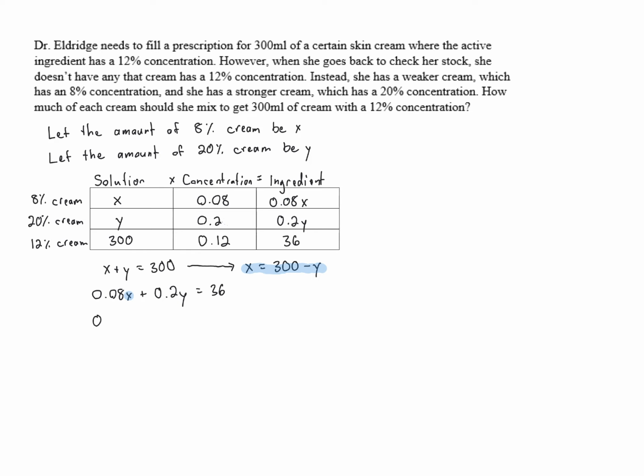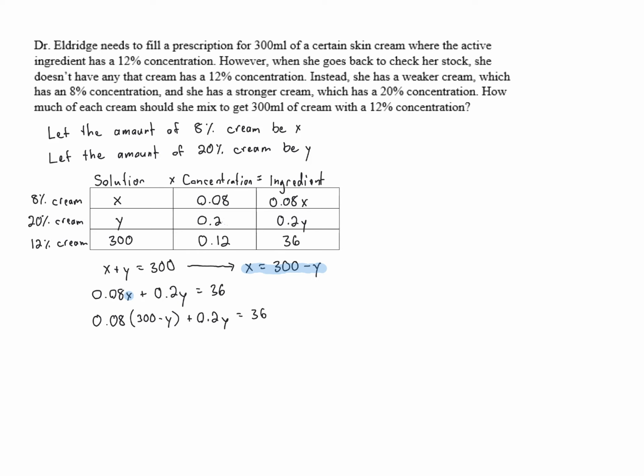So we've got 0.08 times 300 minus y. That's the substitution that we made, plus 0.2y equals 36. Now at this point, we've got one variable in the equation. There's only a y here, so we can solve for y. What should we do next?